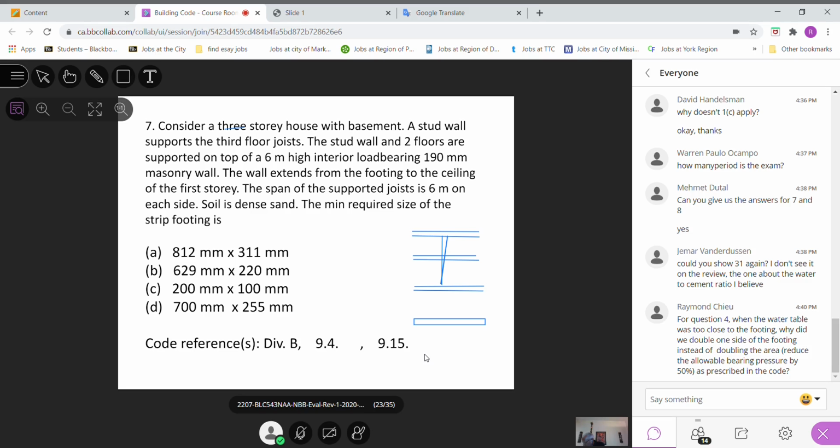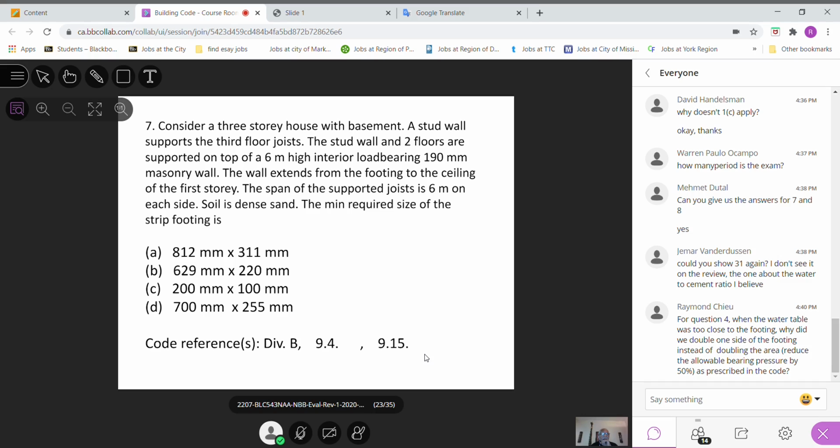So let's see. 6 meters to the second floor, and the stud wall supports the third floor. It says the stud wall and the supported under. Okay, now I get it.